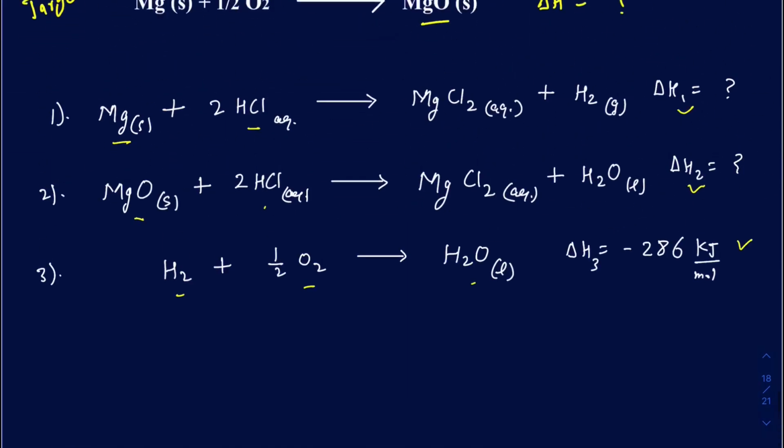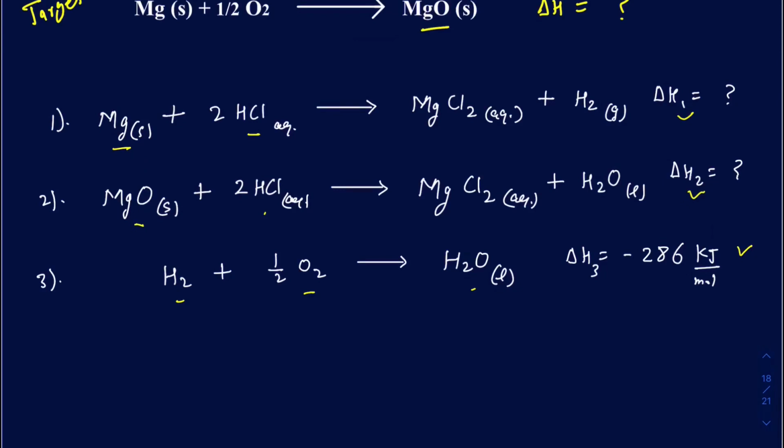Your delta H1 is going to be 469 kilojoules per mole, and then your delta H2 is going to be 187 kilojoules per mole.